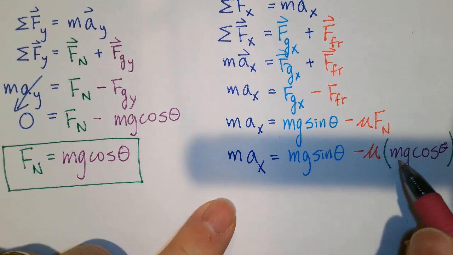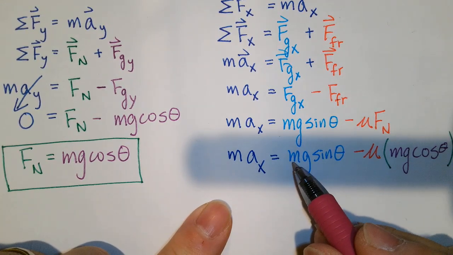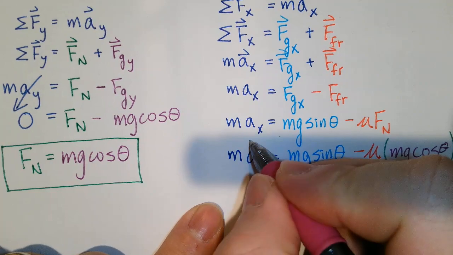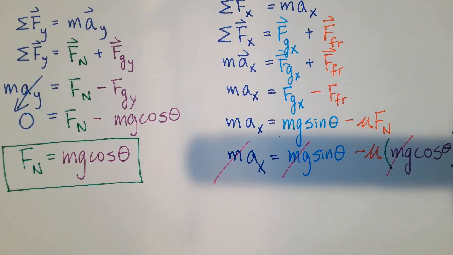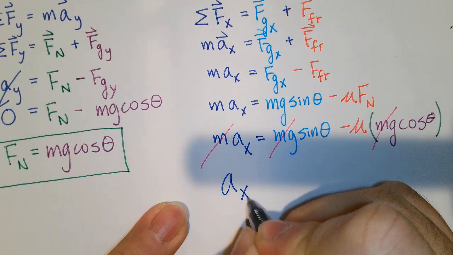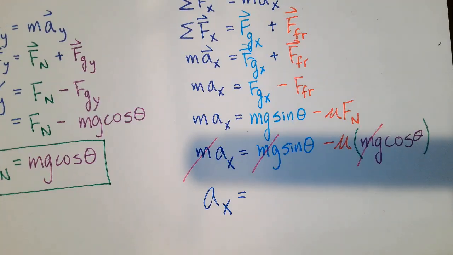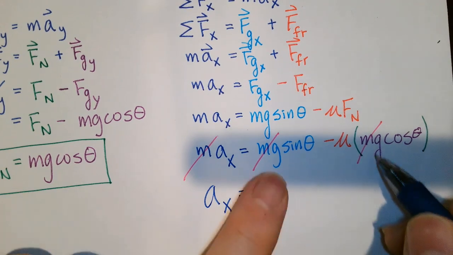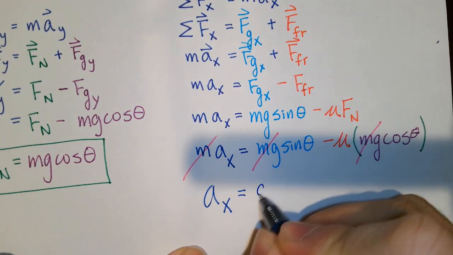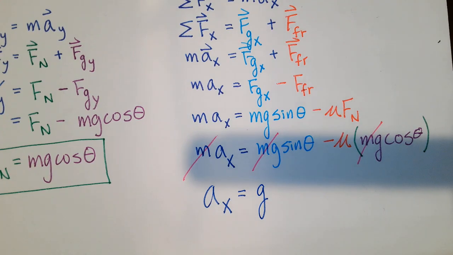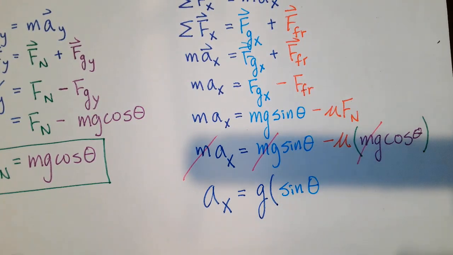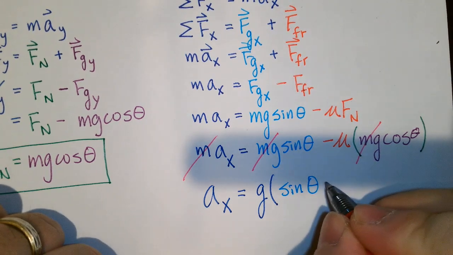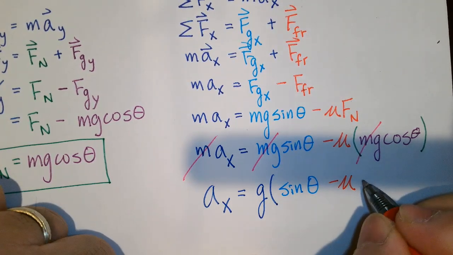Look what happens to my mass. My mass is here, my mass is here, my mass is here. They all get canceled out nicely. So my acceleration in the x direction is equal to, if you want to, you can actually factor out the g, g times sine theta minus mu cosine theta.